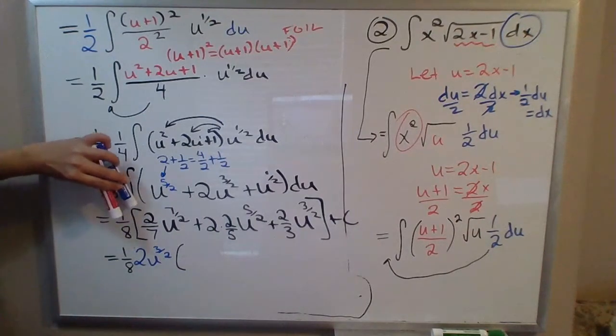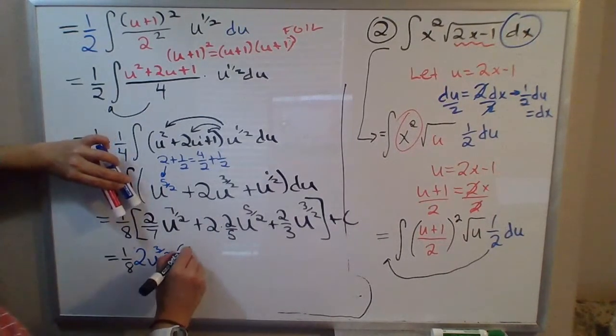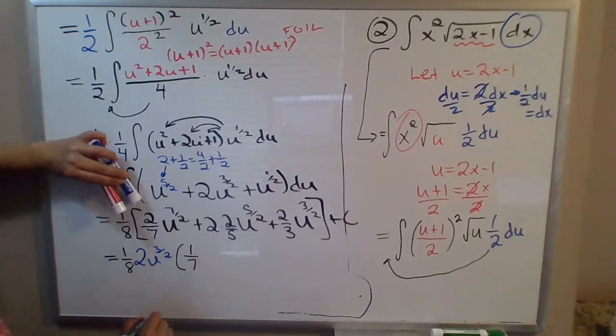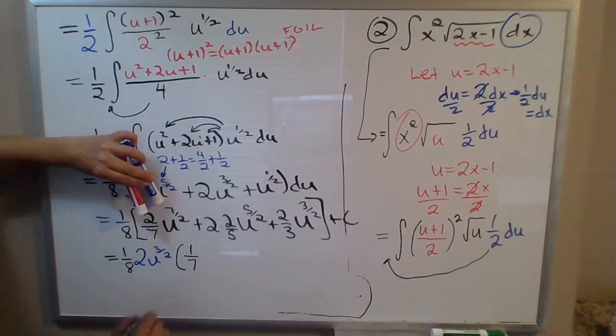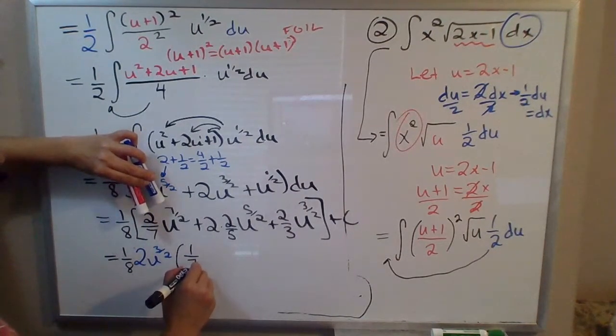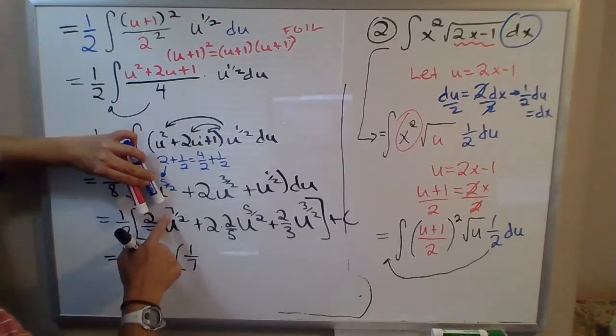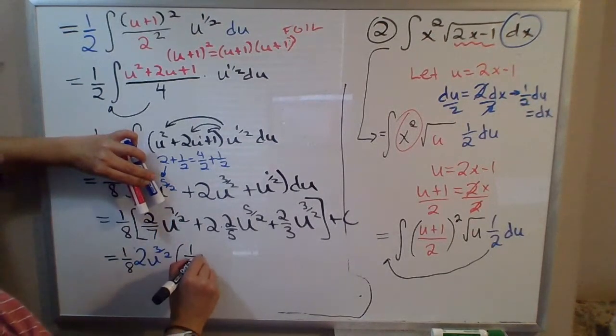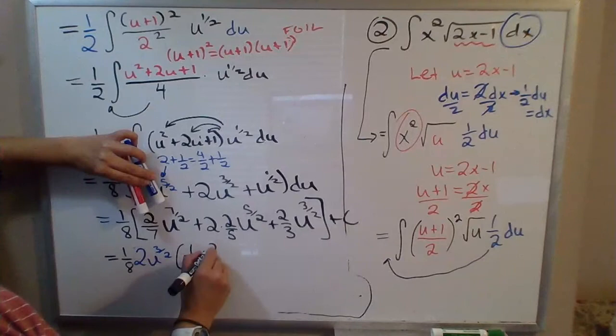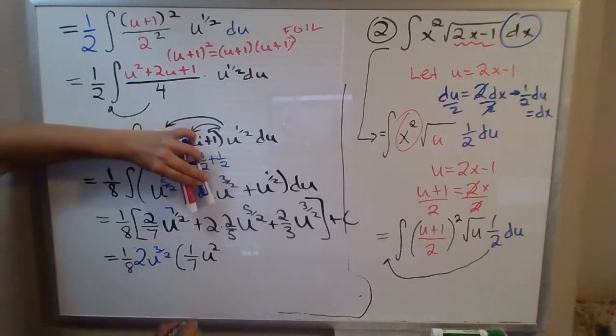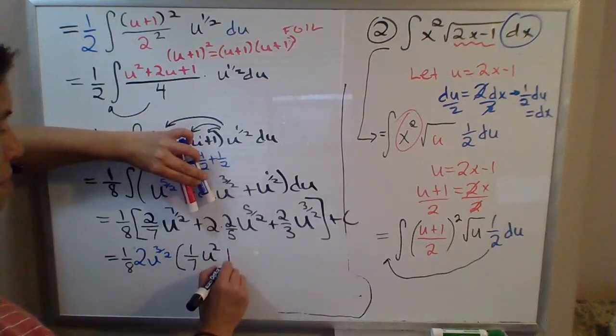So here I factored out the 2, so we're left with 1/7. Take away the 3/2 power, take away 3 over 2, and you're left with 4 over 2, which would be u squared. From here, we factored out 2, so you still have the 2/5.